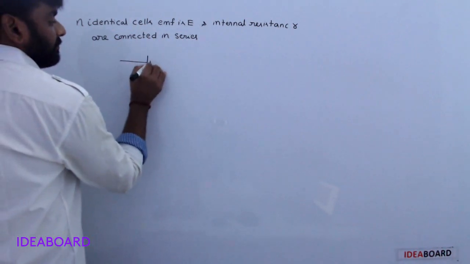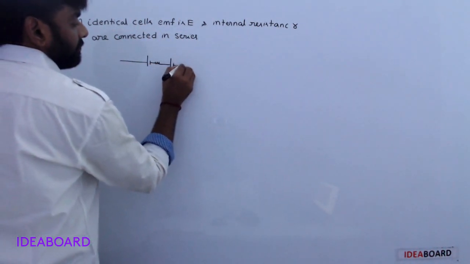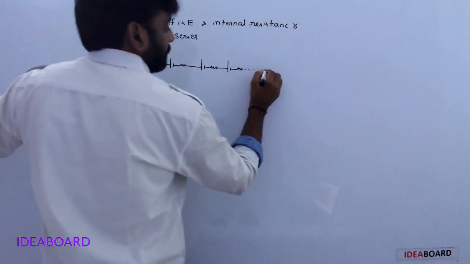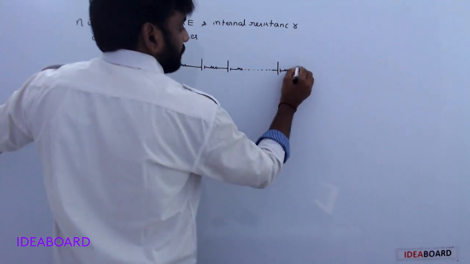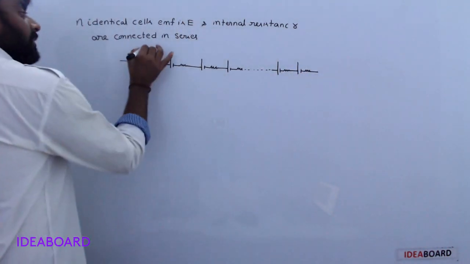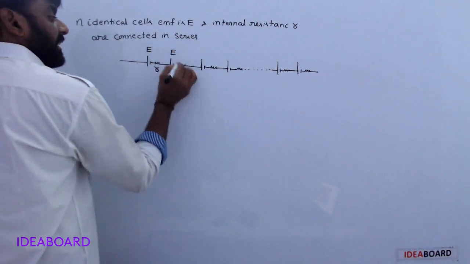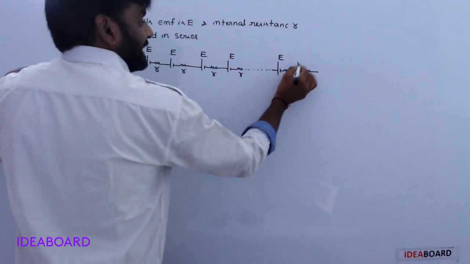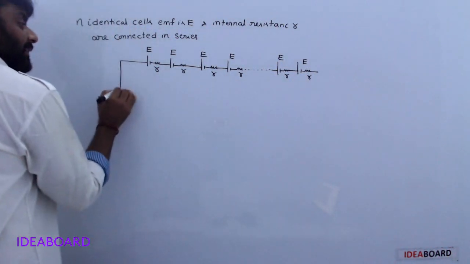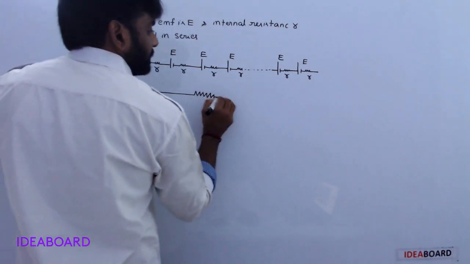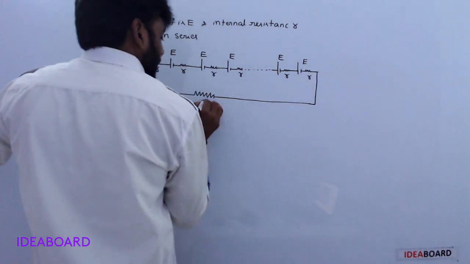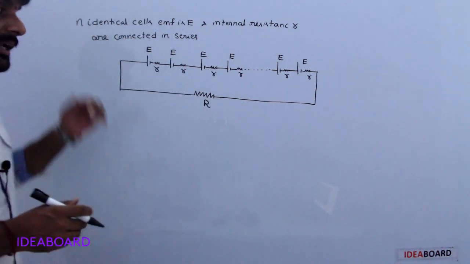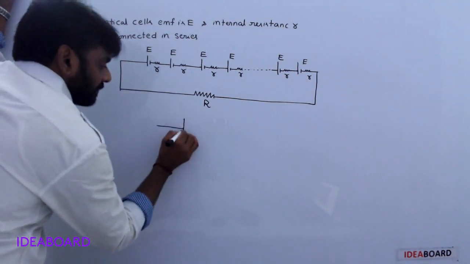See, each has EMF E and internal resistance R. Now these N cells, connected in series, are connected to the external resistance R. See, its equivalent circuit is this one.